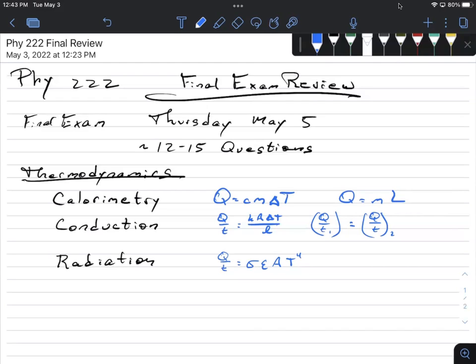And so we just modified this equation a little bit to say Q over t is sigma epsilon A, and then instead of just T to the fourth, we have the temperature of the object to the fourth power minus the temperature of the environment to the fourth power. So if I don't tell you about the environment, then you use the first equation. If I do tell you about the environment, you use the second one.